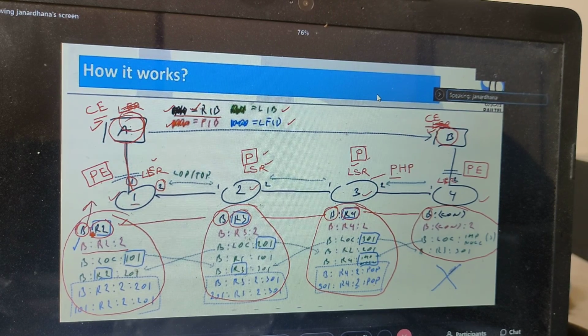So B colon R2 colon 2, the data goes to interface number 2. Similarly B colon R3 colon 2, it has to use interface 2 only. B colon R4 colon 2, it has to go to R4 via interface 2 only. And B connected directly, it has to go to interface 2 only.